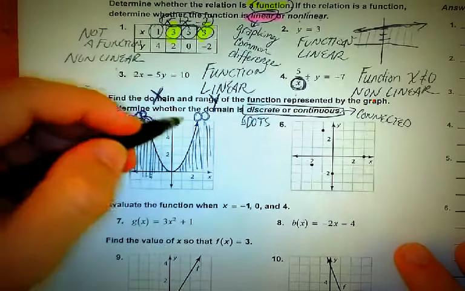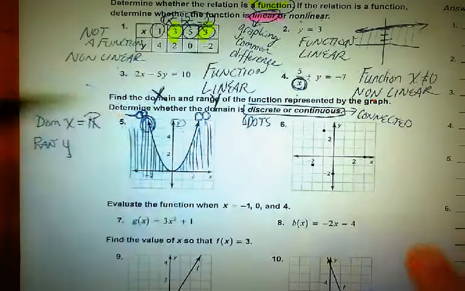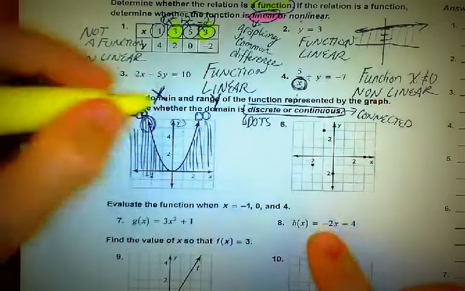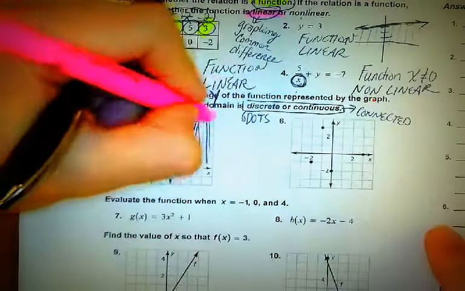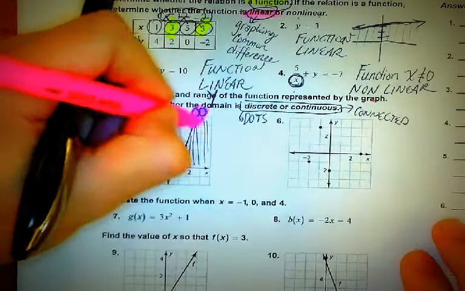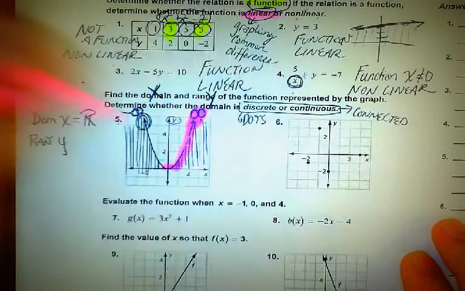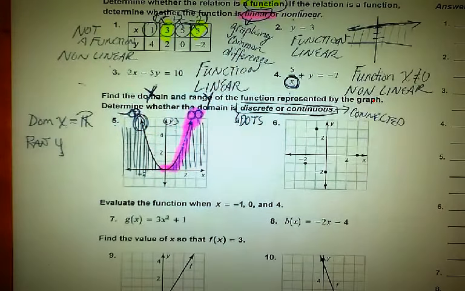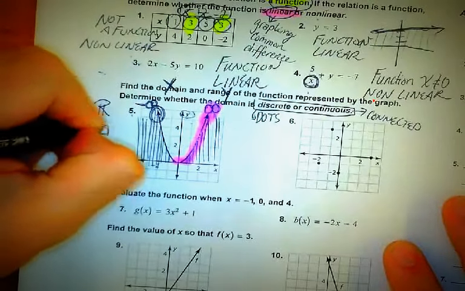The range is going to be the y values. So these arrow markings are telling me to go all the way up to positive infinity for my range. And this graph goes all the way down to 0. So y has to be bigger than 0.